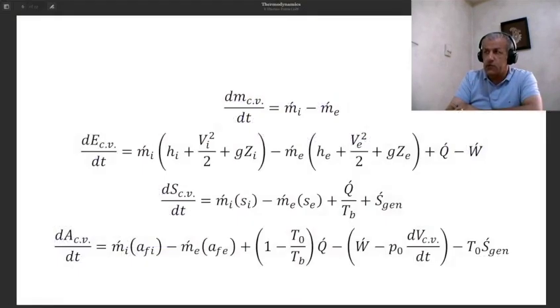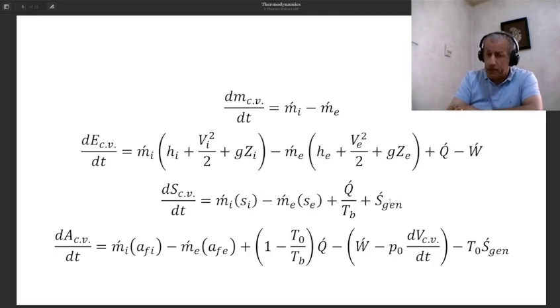What you see here is the change of mass, which is a function of inlet mass and outlet mass. These are all functions of mass, but these three terms, heat transfer, work, and entropy generation, which we shall take care of later on, are functions of process.